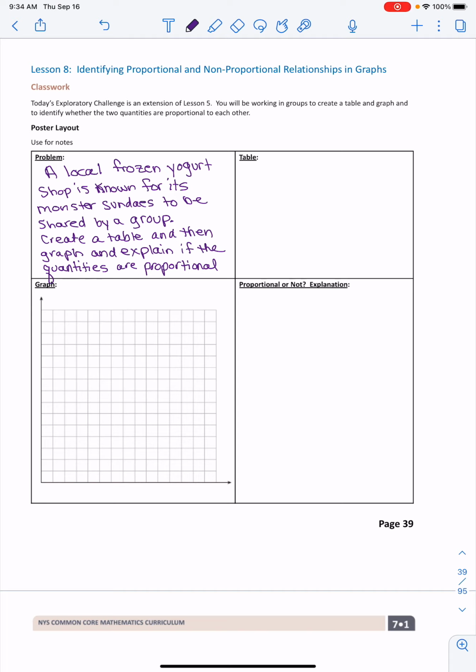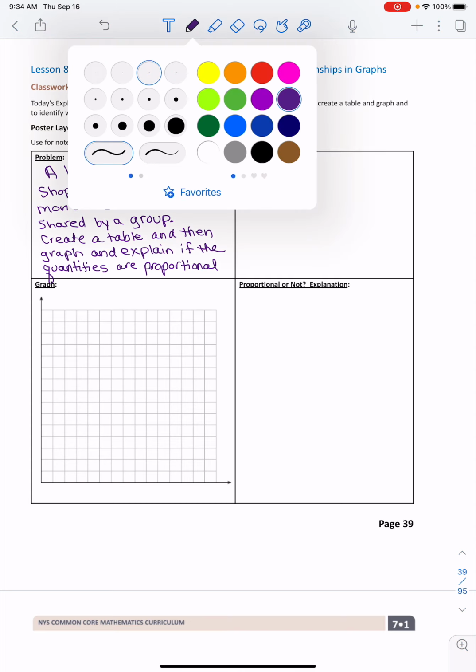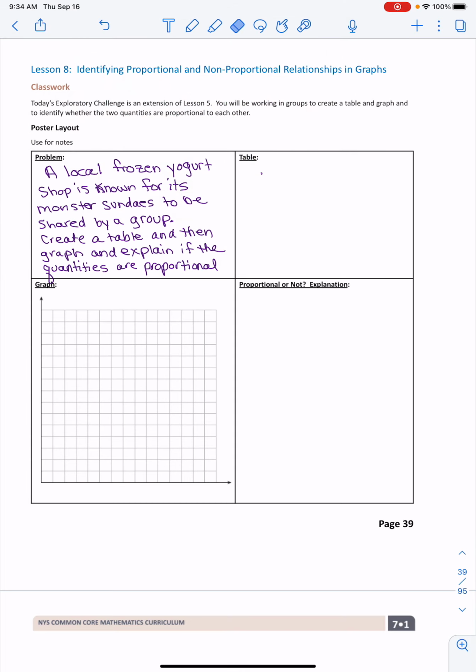So the first thing we have to do is create a table. So the table I'm going to create, let's make it a different color. Let's do blue.